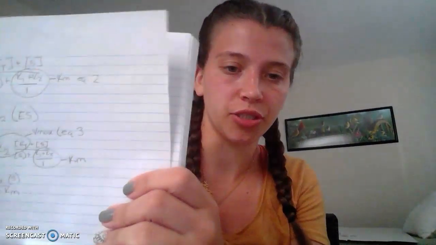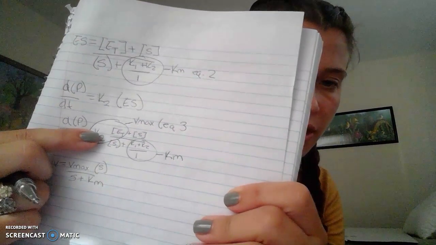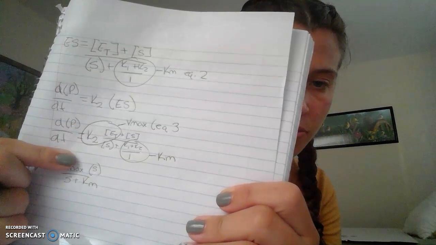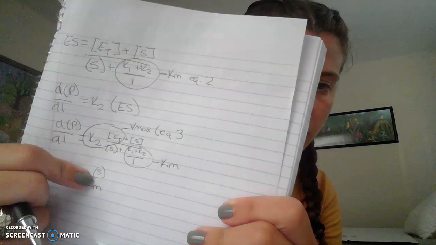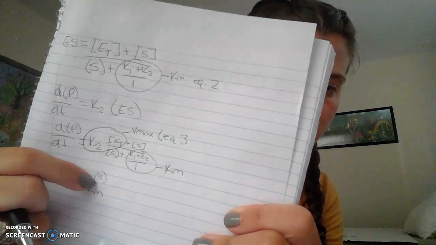I'm just really rewriting my equation, actually. So this whole equation is the Vmax up here, and now I rewrote it. So I have my Vmax, brought it down here, the S here, S here, plus Km. So that's how you end up finding the max velocity.